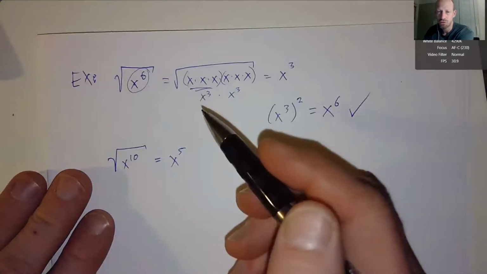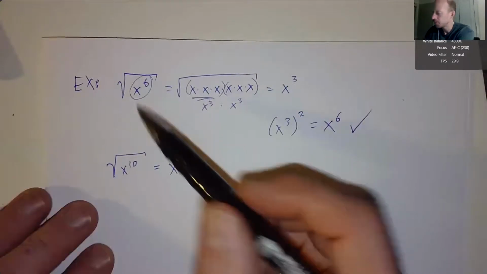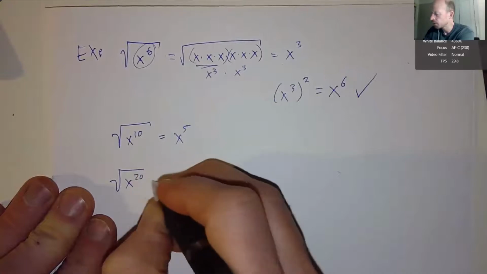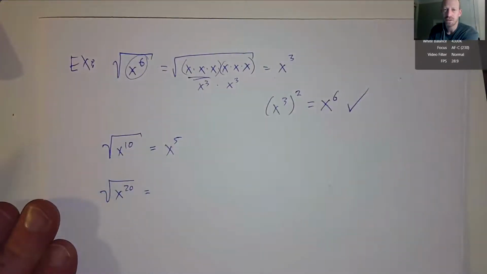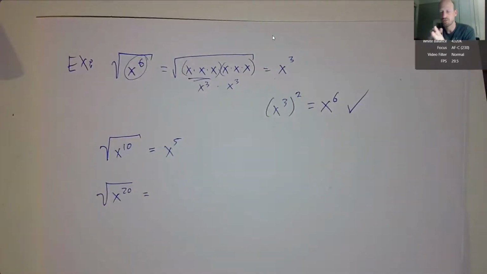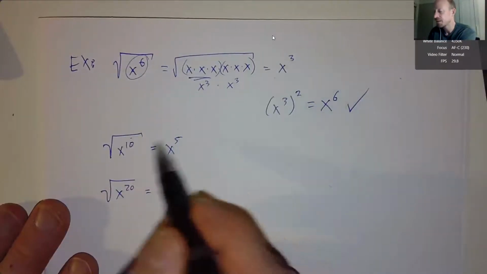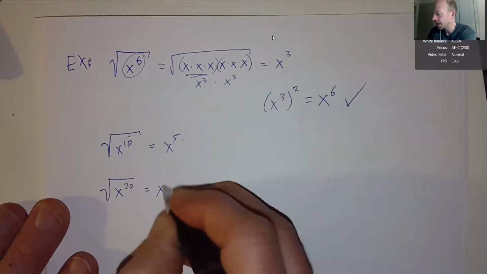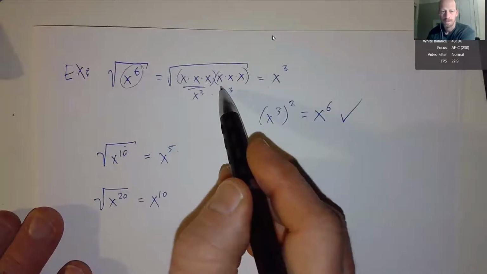And the hope is that you might have noticed a little shortcut here. What if I had the square root of x to the 20th? I don't even need to think about writing that out and splitting it into pieces, because you can see that the square root is really dividing the exponent by 2. It's cutting it in half, right? Which is really just what we did up here.